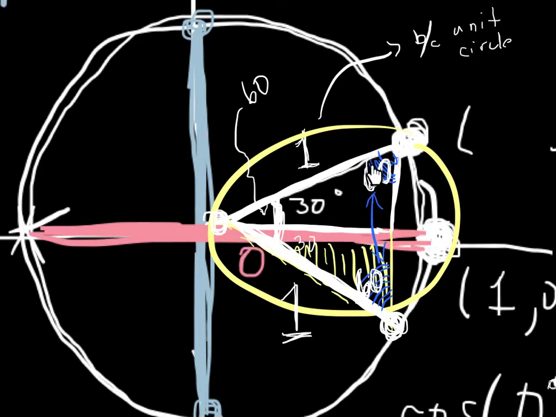Okay, now it's 60. So now we can finally say, all right, this is an equilateral triangle, which means this total distance here on the right has no choice. I'll use green now. This distance on the right has no choice but to be 1. Now, you also added another fact when you said that this and this are the same.